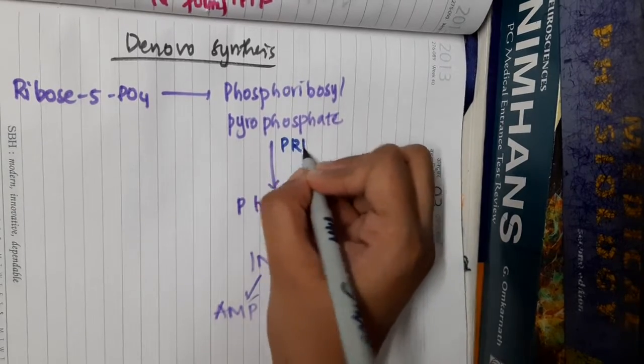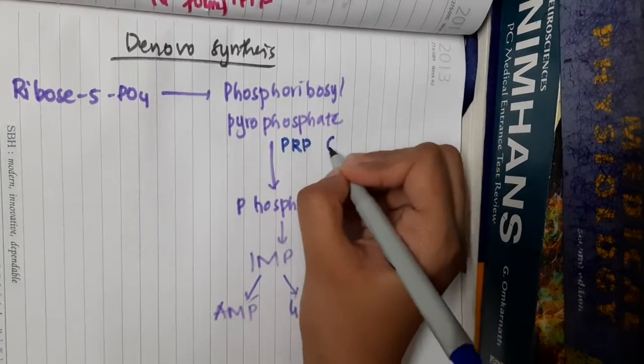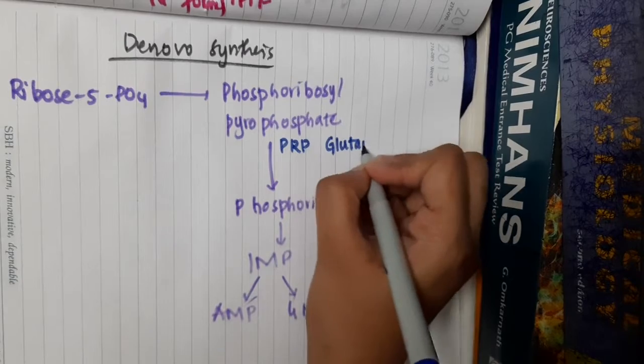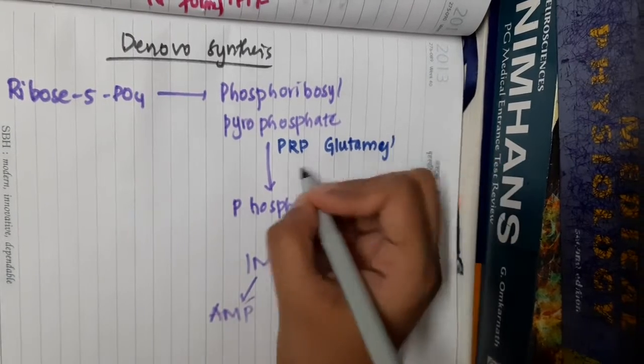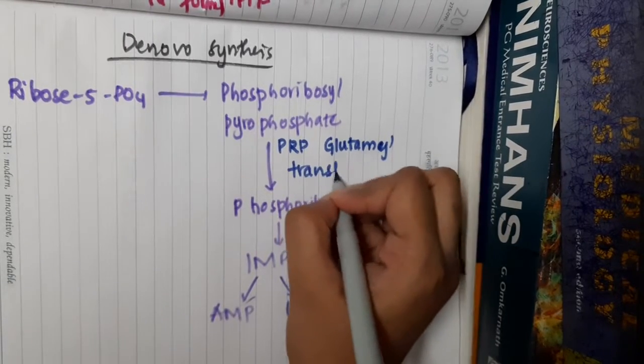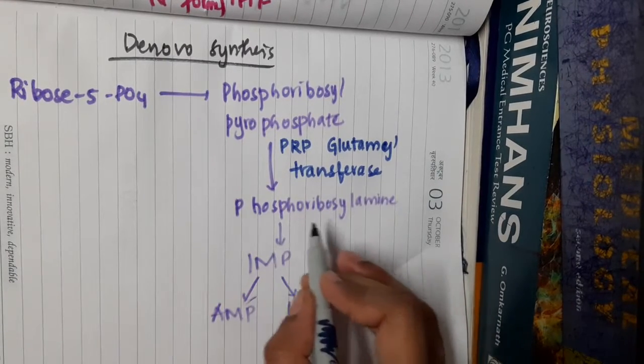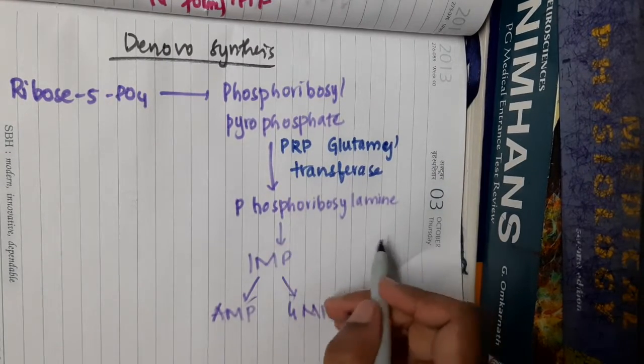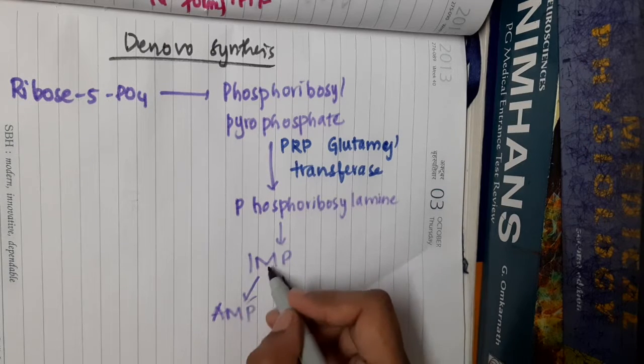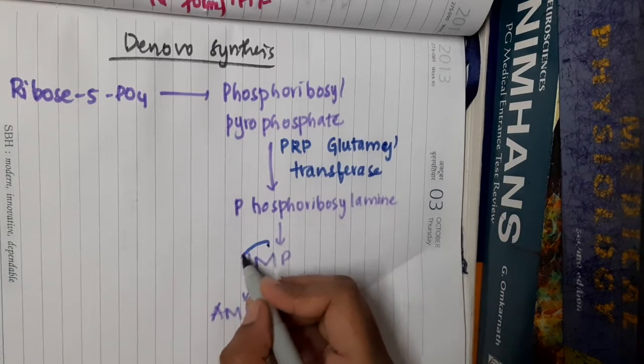So we have ribose 5-phosphate which gives rise to phosphoribosyl pyrophosphate. This, in the presence of phosphoribosyl pyrophosphate glutamyl transferase, gives phosphoribosylamine. This phosphoribosylamine forms inosine monophosphate.